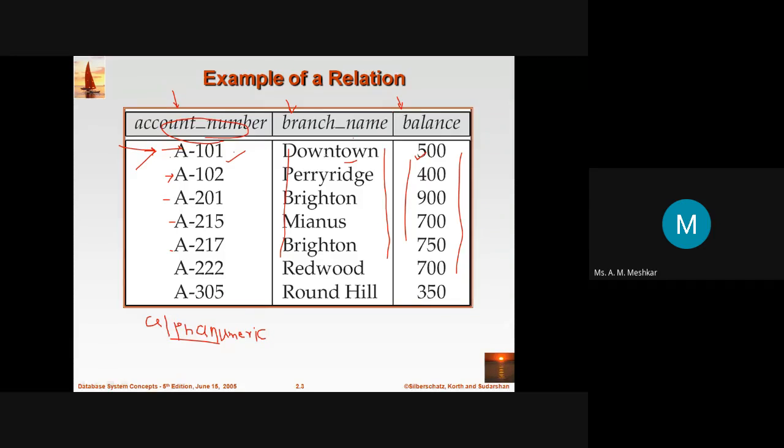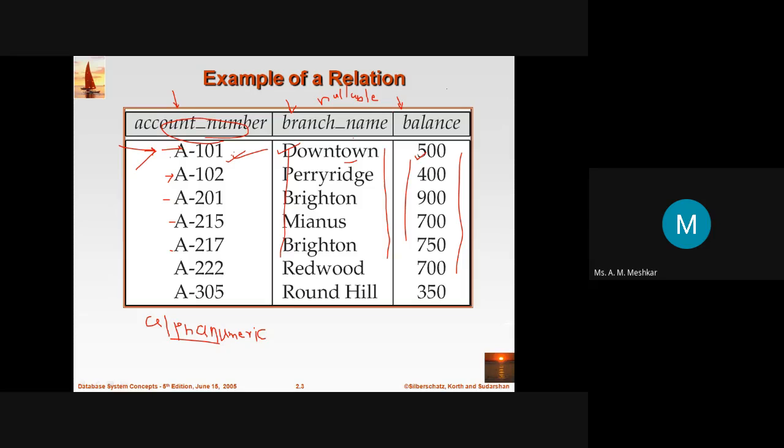Okay, like suppose in this example, account number cannot have the null value, but branch name, maybe we are specifying this as a nullable. Okay, while designing the schema, suppose हम इसे mention कर रहे हैं as a nullable attribute, तो इसका मीनिंग ये है कि ये null value ले सकता है. मतलब अगर किसी अकाउंट नंबर की ब्रांच नहीं है पता, तो आप वहां पे null एंटर कर सकते हो.